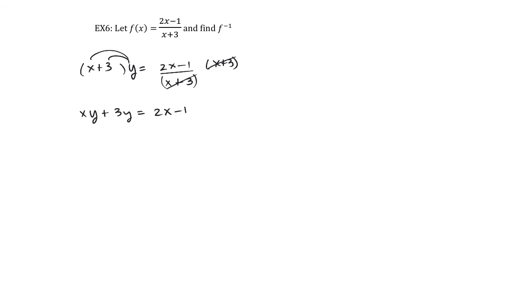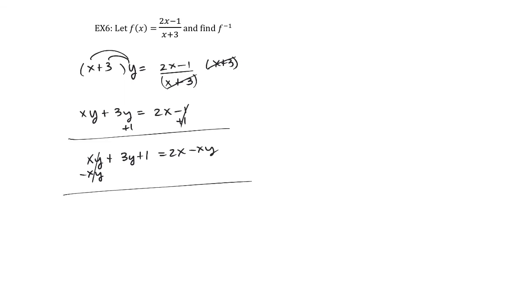And I'm just going to bring everything having to do with x's to one side of the equation. So I'm going to move my 1 over. xy plus 3y plus 1 equals 2x. And then I'm just going to go ahead and get all of my x's on one side. So we've got 3y plus 1 is equal to 2x minus xy.